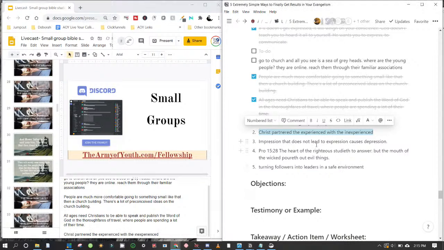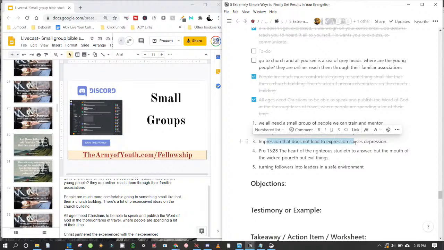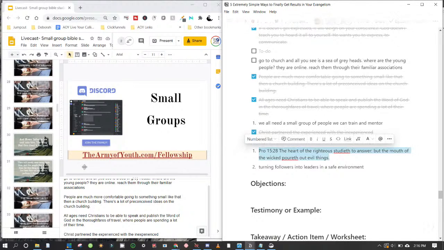Here we have on there: impression that does not lead to expression causes depression. Yes, got it. How do the righteous study the answer?